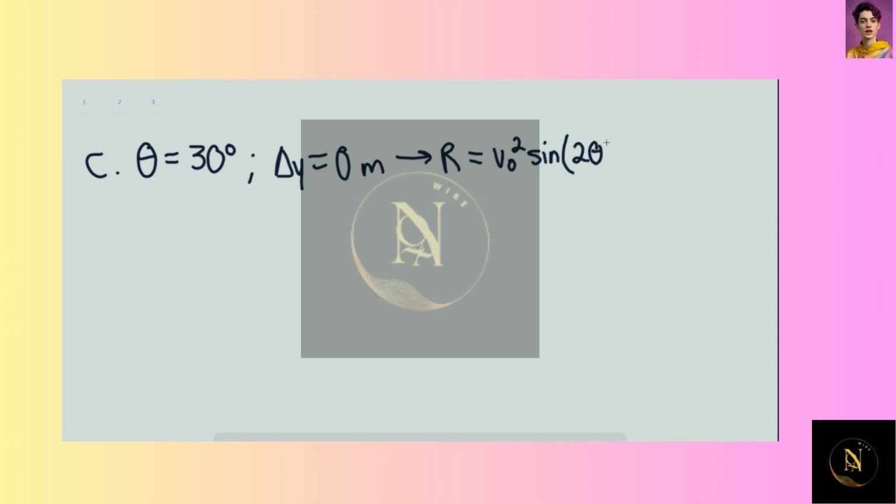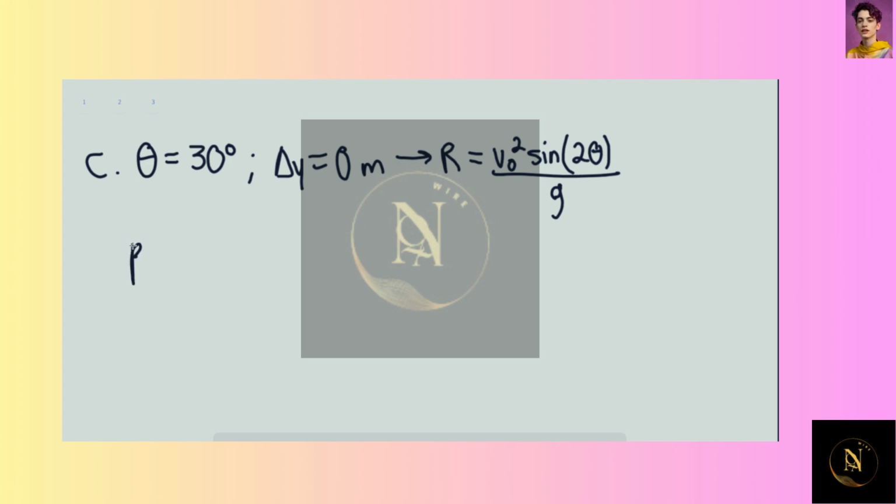For part C now, we're launching it at an angle equaling 30 degrees. We know that we're launching it at ground level, and it's reaching ground level at the end of its flight. So the change in the y direction is 0 meters, and we can use the range equation: r equals v initial squared times sine of 2 theta divided by g.